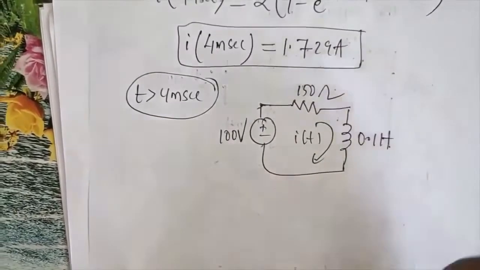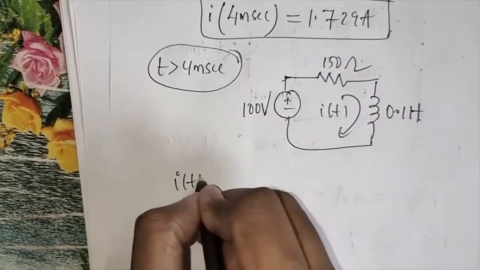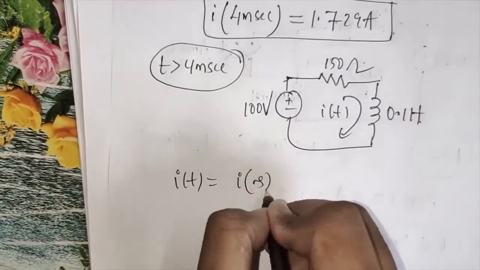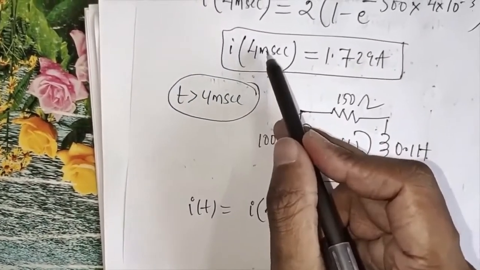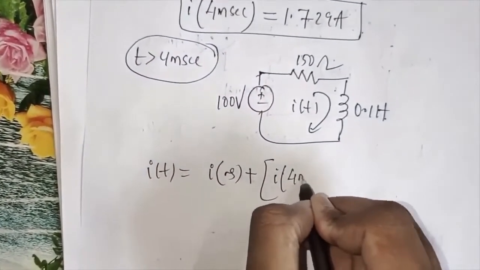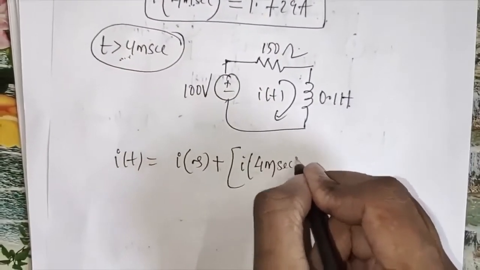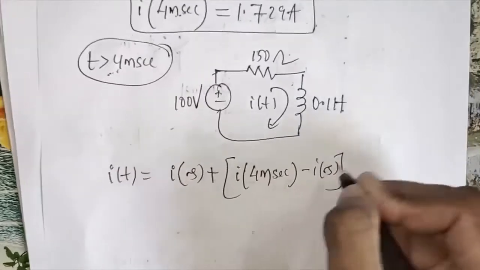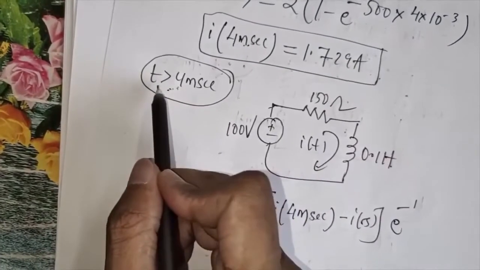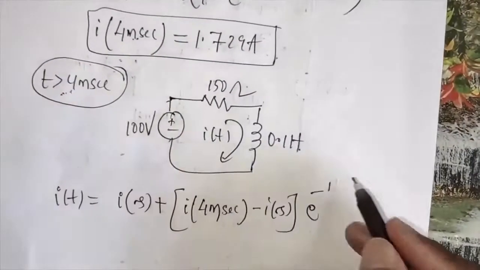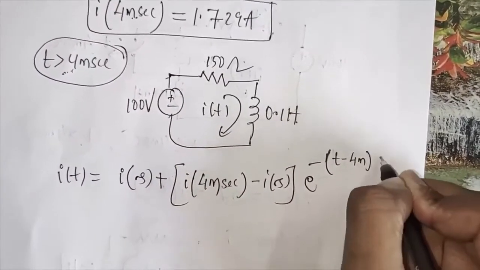So since this is again a source driven series RL circuit, the general formula I of t is equal to I of infinity plus, instead of I of 0 I should consider I of 4 milliseconds, since it is the initial value at this time interval, minus I of infinity into e power minus, instead of t by tau, since we are considering t greater than 4 milliseconds, so it is e power minus t minus 4 milli by tau.